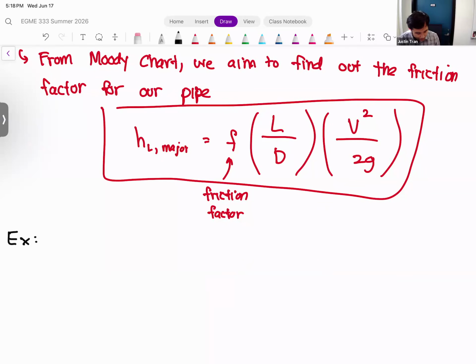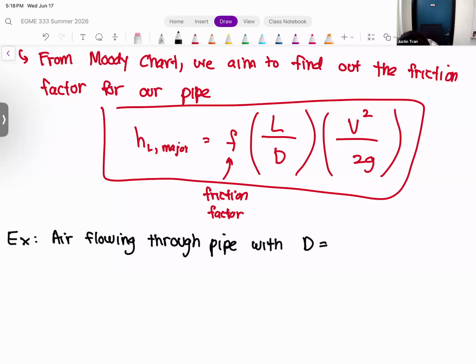Let's consider air that is flowing through a very small pipe of 4 millimeters diameter, moving with an average velocity of 50 meters per second.